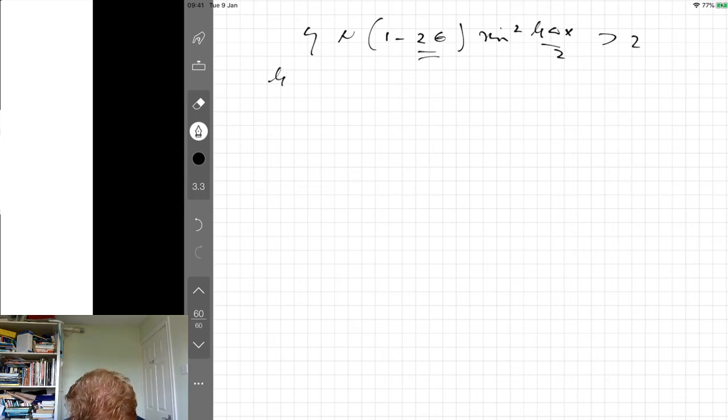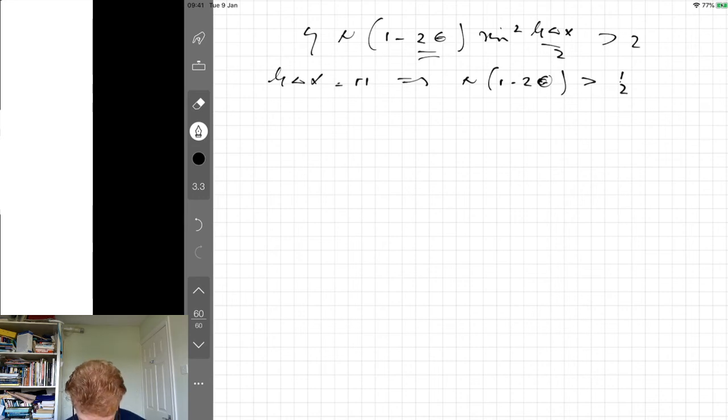So take the case k delta x is pi, then we get mu (1 minus 2 theta) is bigger than half. That gives the unstable case.